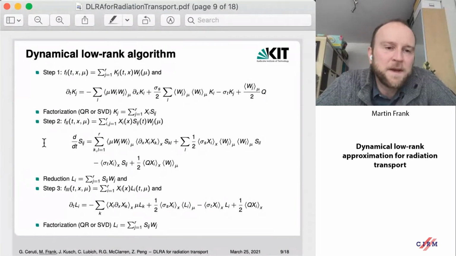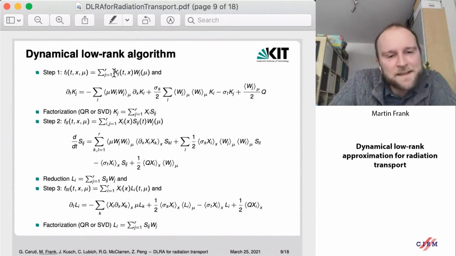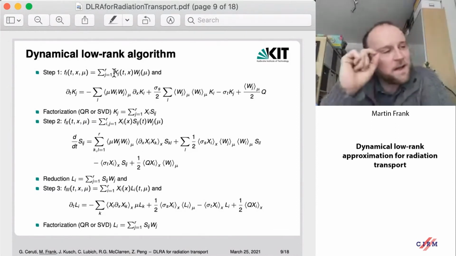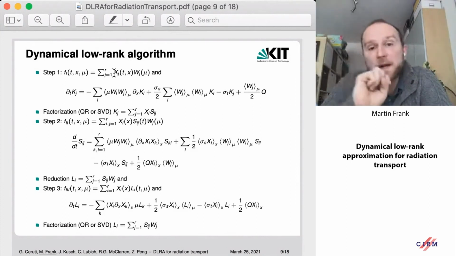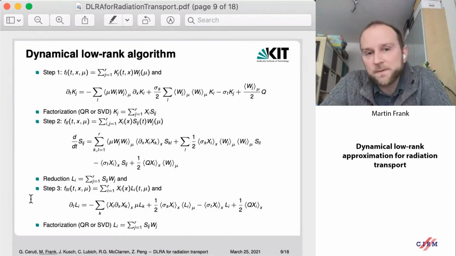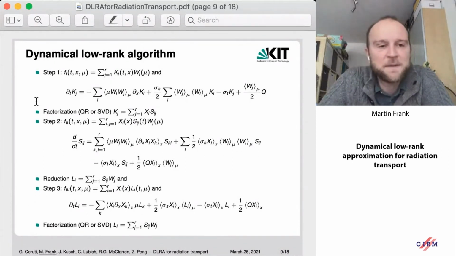The thing that makes the method stable, I'll try to explain, is that I do not propagate the factors U, S, and V separately, but I propagate U times S, then I propagate S in a second step, and then I propagate S times V transpose. Don't ask me why this is stable. This would take another talk, but that's a slight modification that ultimately makes this method stable.